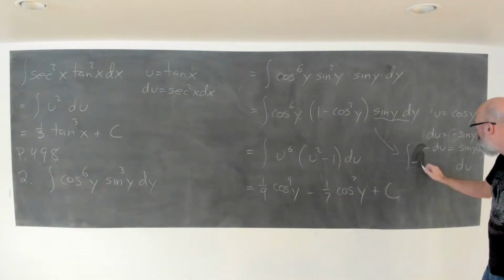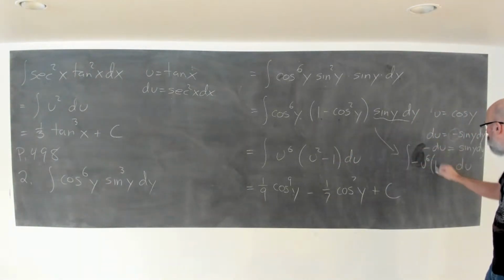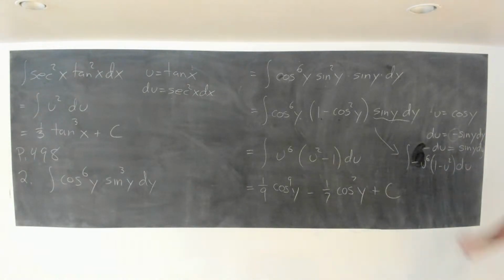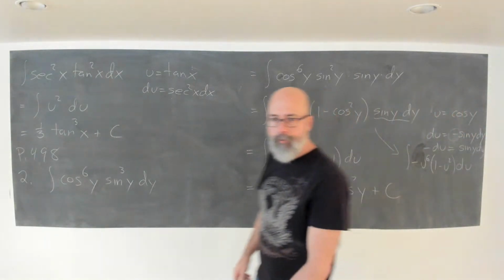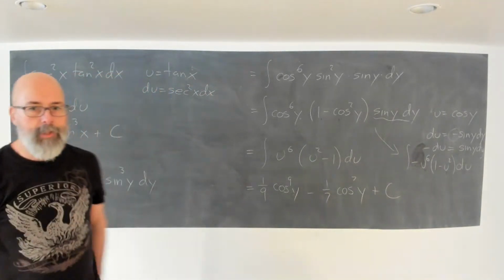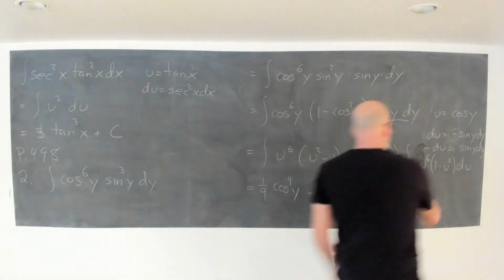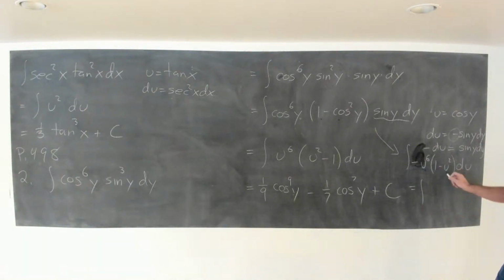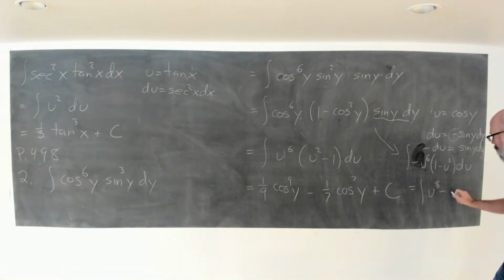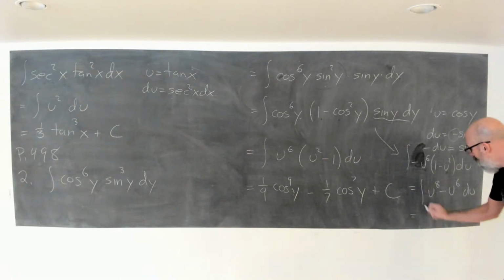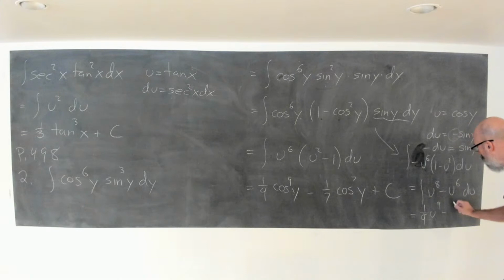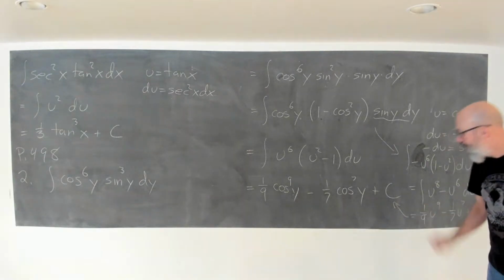This is u to the 6, and this is 1 minus u squared. So this is u to the 6 minus u to the 8. With a negative, it becomes u to the 8 minus u to the 6. Does everybody see it? This is u to the 8 minus u to the 6. Do the multiplication, and then you get a 1 over 9 u to the 9 minus 1 over 7 u to the 7. And now you're back to there.